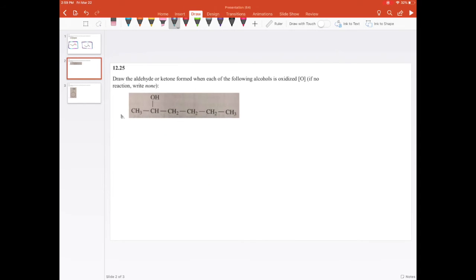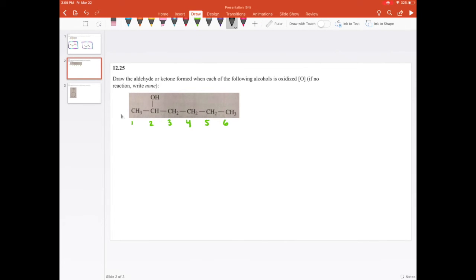Now let's see what oxidation would look like on this molecule. And again, I'm going to redraw this as the skeletal form, just so I can keep track of things more easily. Personally, it's easier for me to see the molecule and keep track of everything in the skeletal form.